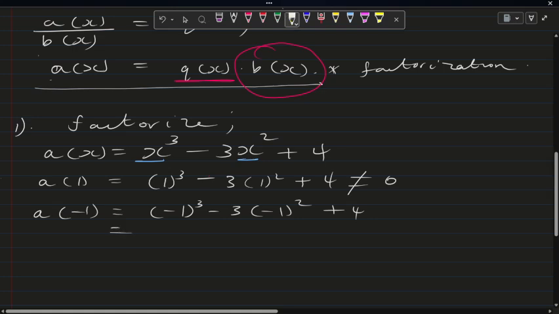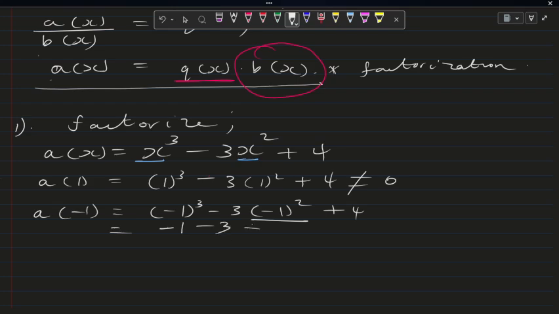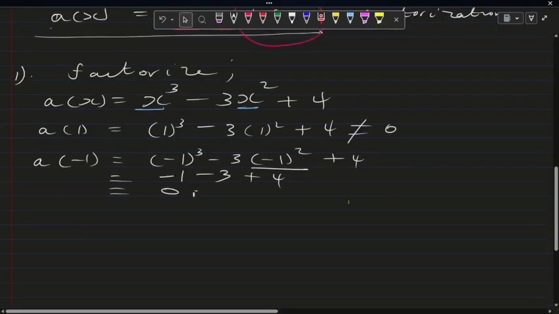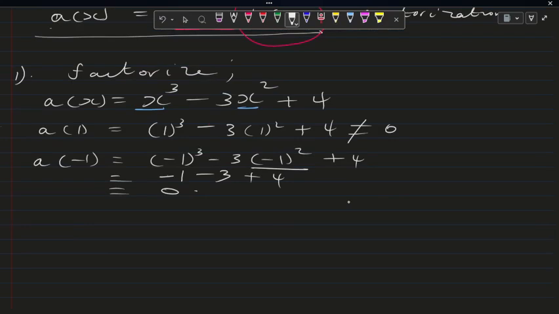Now let's see what happens if we insert minus 1. Negative 1 cubed will give us negative 1, and negative 1 squared will be positive 1. So positive 1 times negative 3 will give us negative 3, and then plus 4. Negative 1 minus 3 is negative 4, plus 4 gives us a value of 0.